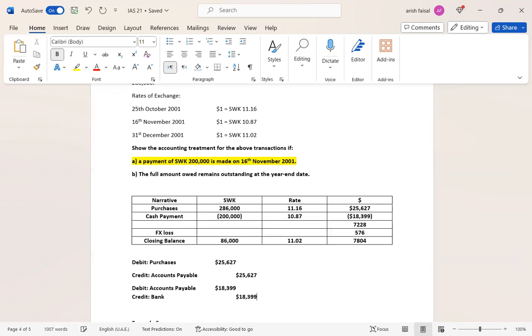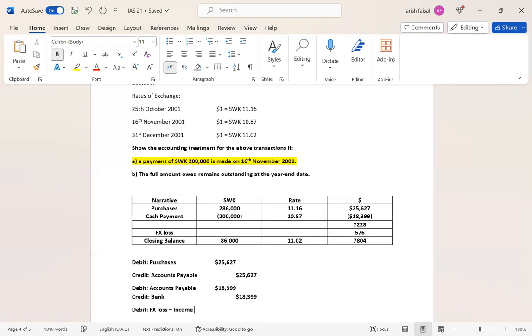Okay. But then at the year end, whatever was the remainder liability, your accounts payable, which is a monetary item, needs to be retranslated at the year end rate. And that turns out to be a liability of 7,804. So technically, your liability should have been 7,228, but because it has increased, the increase will be considered as your foreign exchange loss, and that will be recorded in the income statement.